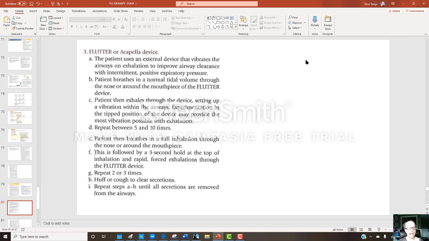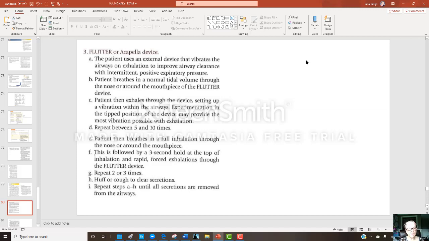Flutter or a cappella device. A patient uses an external device that vibrates the airways on exhalation to improve airway clearance with intermittent positive expiratory pressure. The patient breathes in a normal tidal volume through the nose or around the mouthpiece of the flutter device.